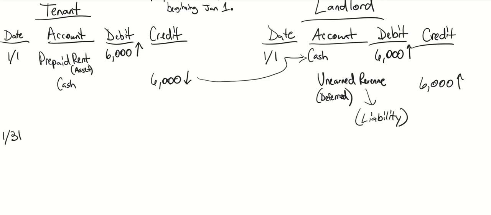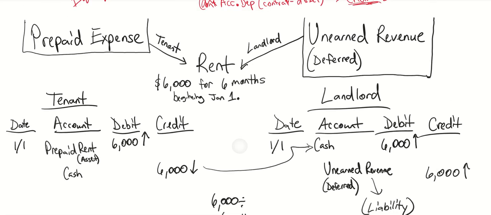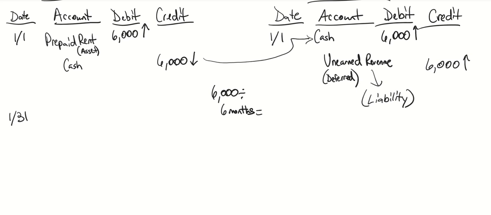So we're going to figure out what the monthly rent is. We're going to take $6,000 and divide it by 6 months. So that's going to give us $1,000 a month that we're going to have to recognize or report as an expense.